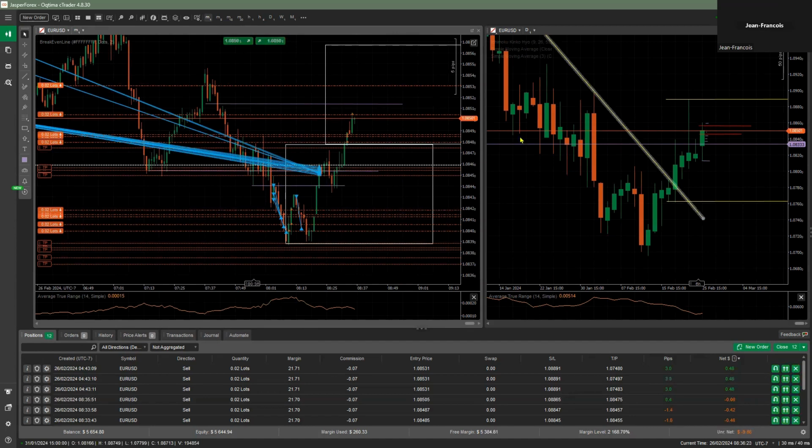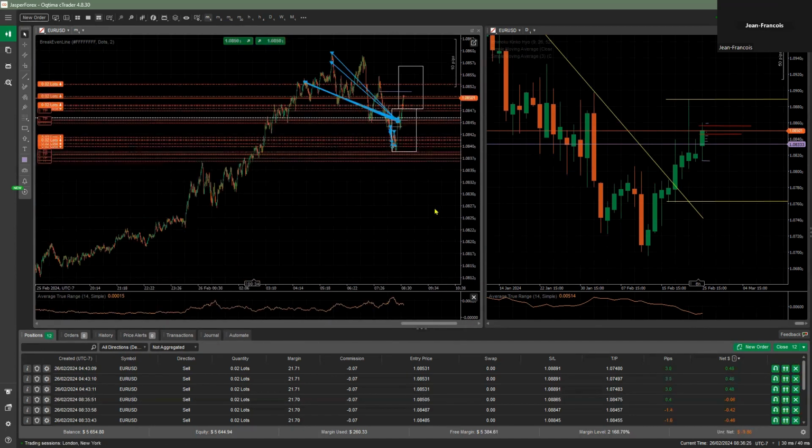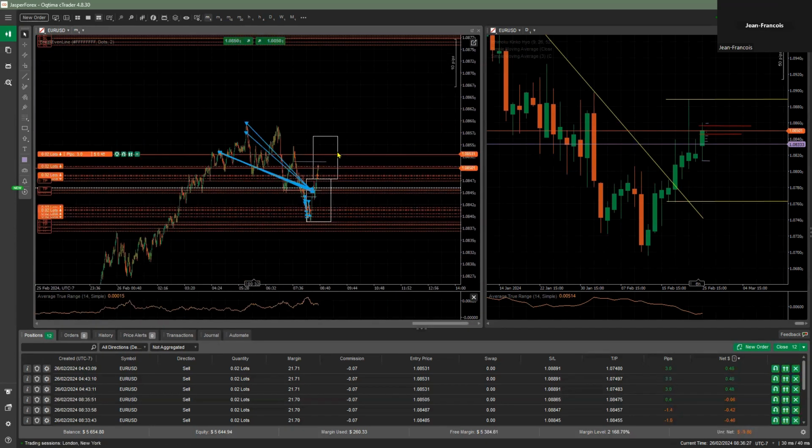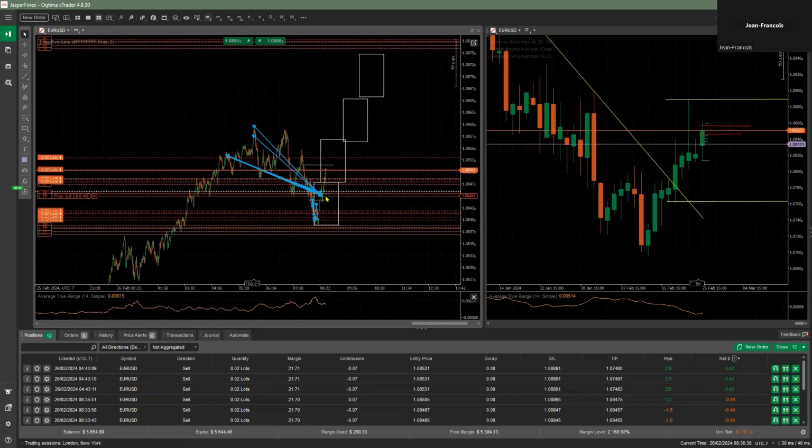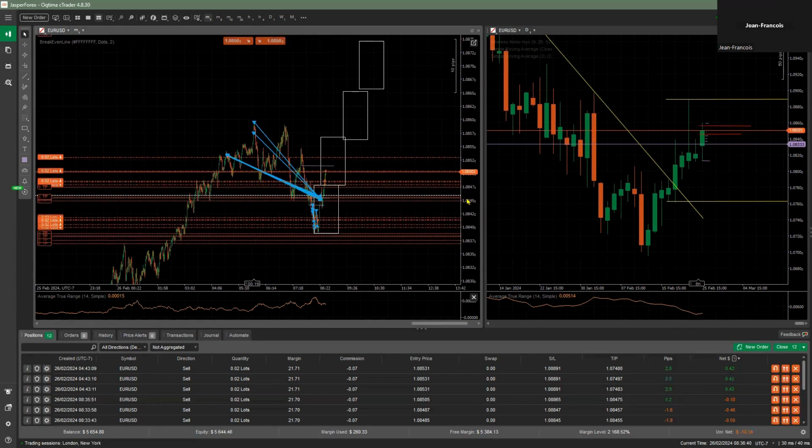You have to be kind of open-minded and realize that the market has the legs to do something like this. This is why we have a long tail stop. This is why our stop loss gives us that space, right?